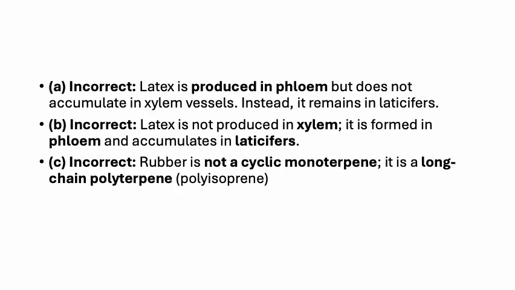So if we look at the options here, option A, latex is produced in phloem but does not accumulate in xylem vessels, instead it remains in the laticifier. The next option, latex is not produced in xylem, it is formed in phloem. That's what we saw. And the third option, rubber is not cyclic monoterpene, it is long chain polyterpene, which is polyisoprene.